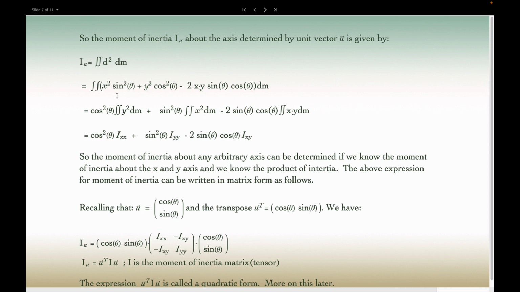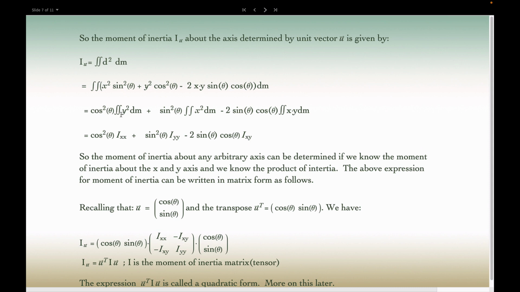Then using properties of the double integral, we'll pull out, for example, the integral of a sum is the sum of the integrals, so we can break this up into 3 integrals. And we're integrating with respect to x and y. So we can pull thetas out.